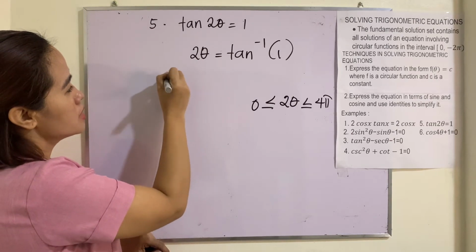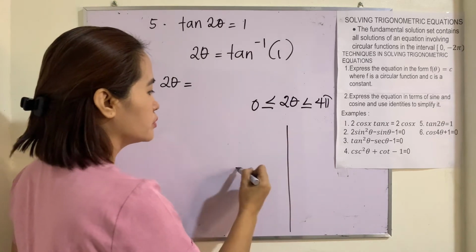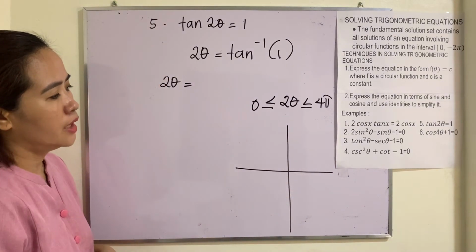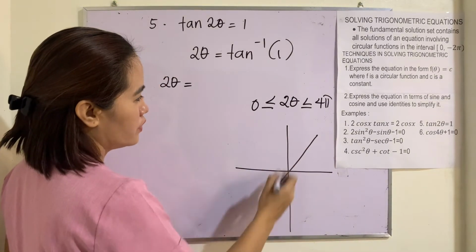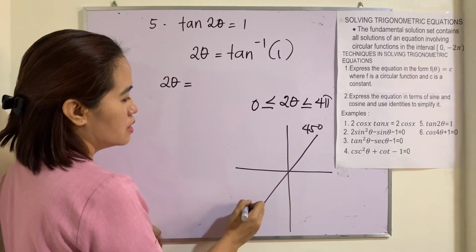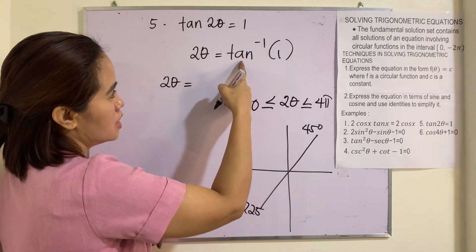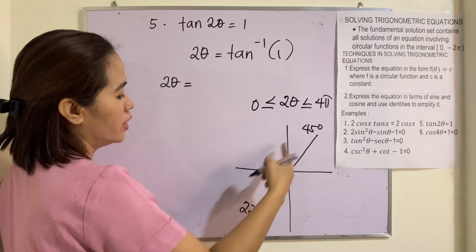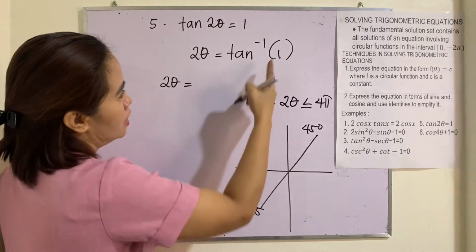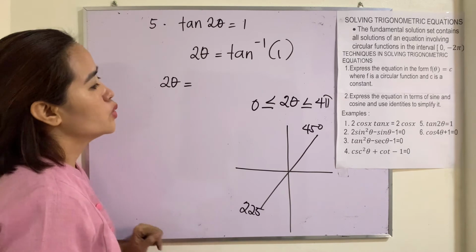From here, we can say that 2 theta is equivalent to, if we locate it, this one is 45 degrees. And this one is 225 degrees, because tangent of 45 and 225 is equivalent to 1 there in the first and the third quadrant.